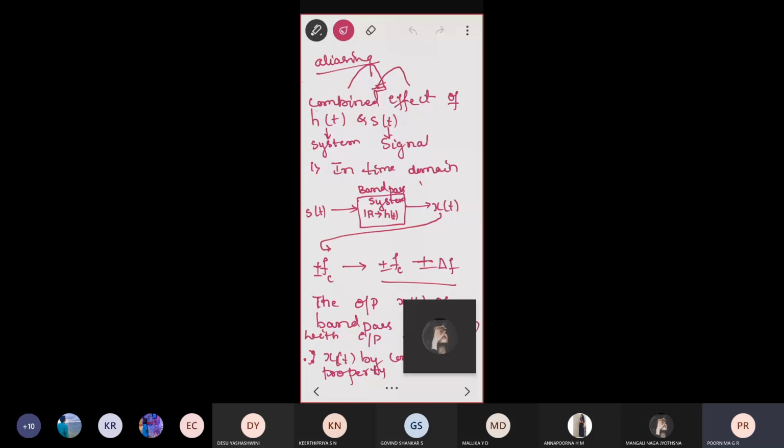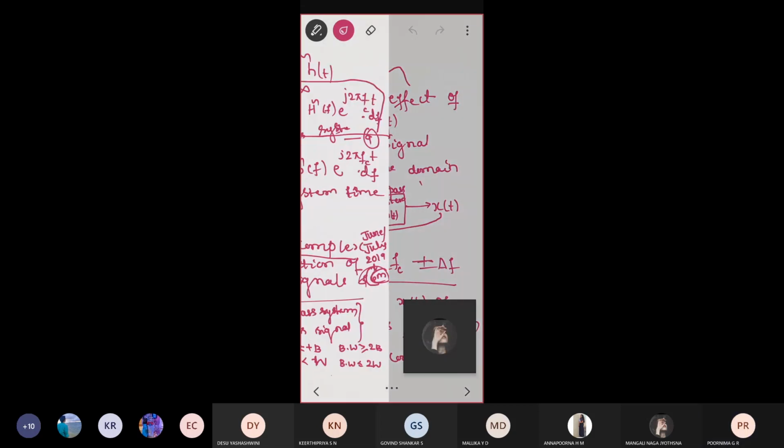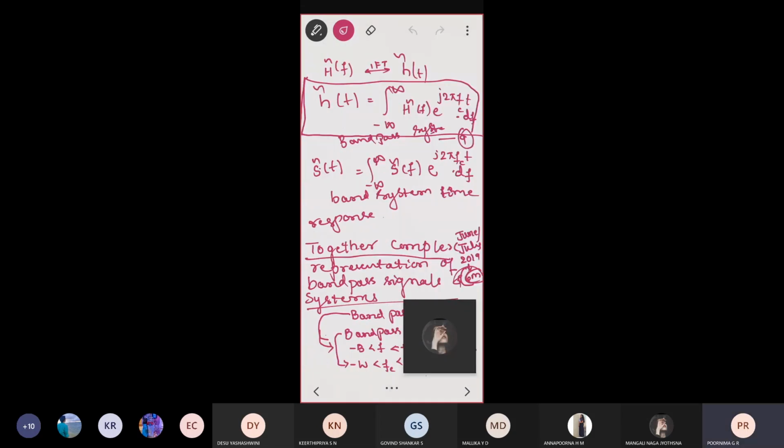Morning, students. Yesterday I was discussing bandpass systems, how a complex representation, the complex envelope, can be used for bandpass signals as well as for individual bandpass systems, which we have considered.